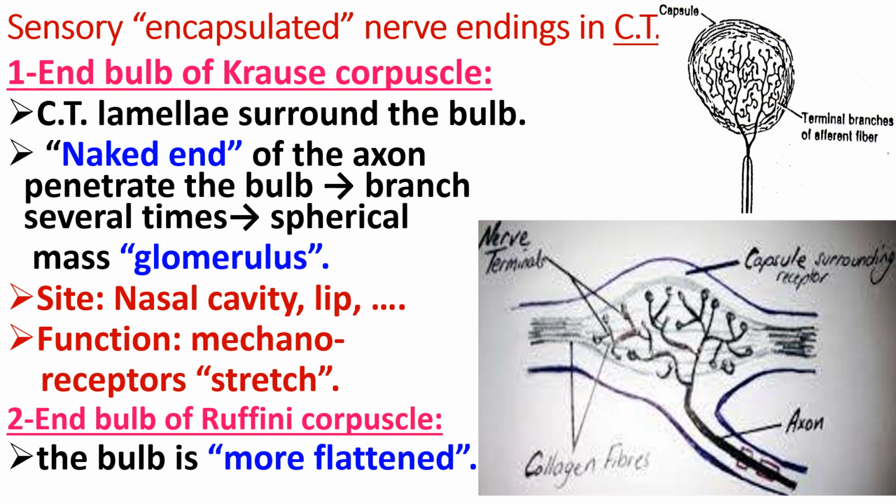The other type of sensory ending is the encapsulated nerve ending. Both the capsulated and non-capsulated are in connective tissue.